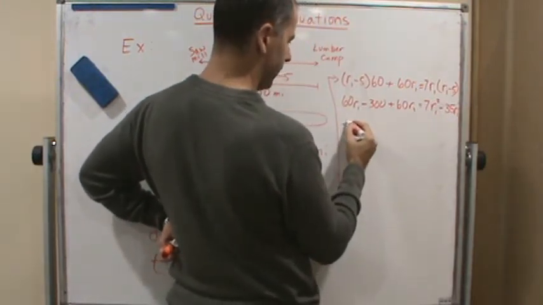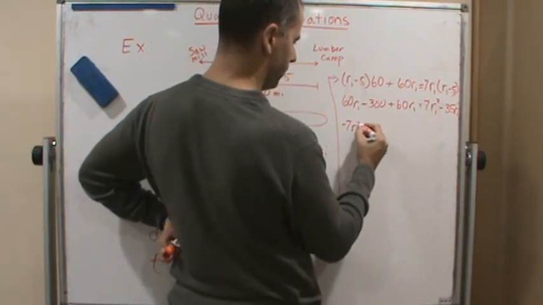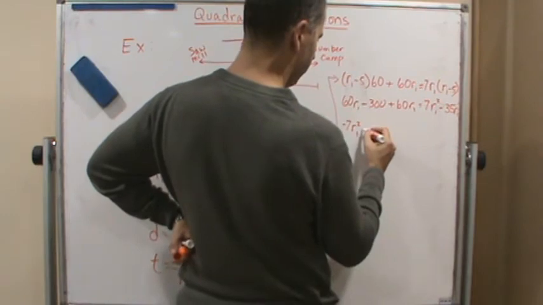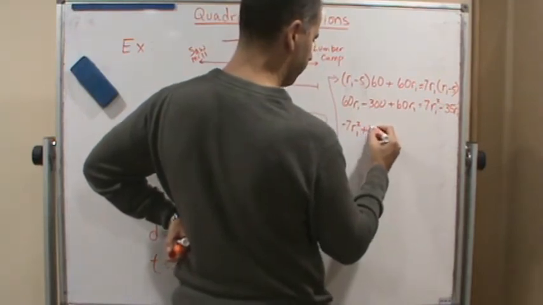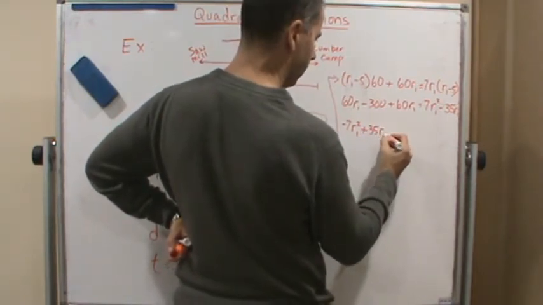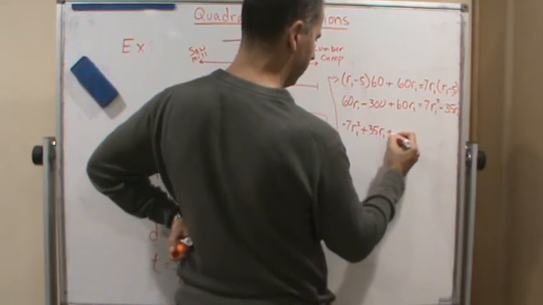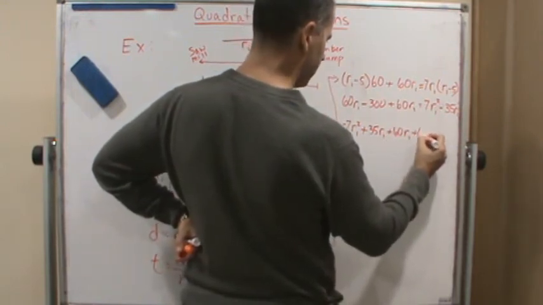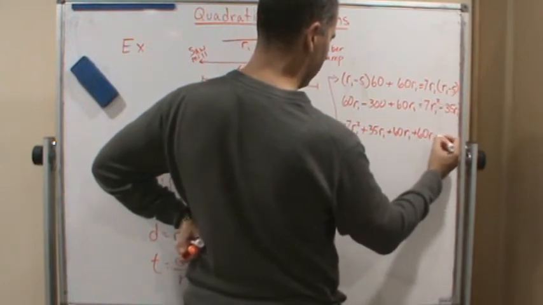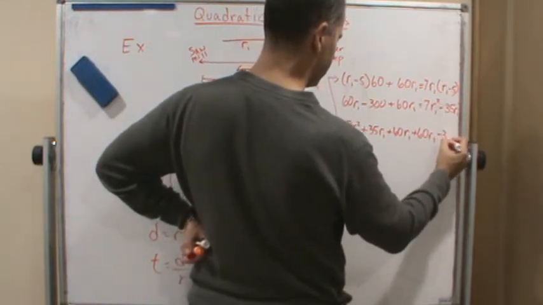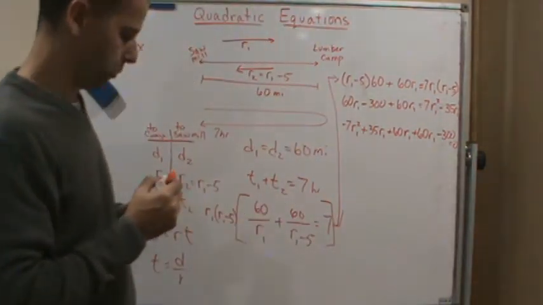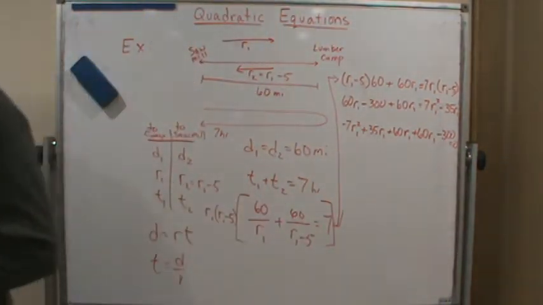So I'm going to get a negative 7R1 squared plus 35R1 plus 60R1 plus 60R1 minus 300 equals 0. Okay?